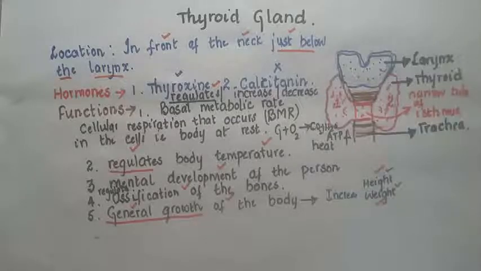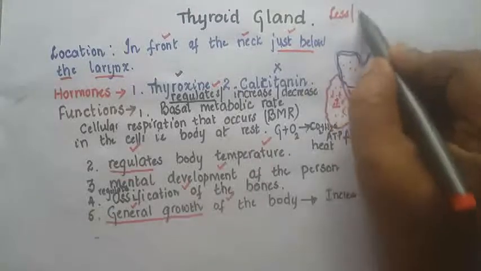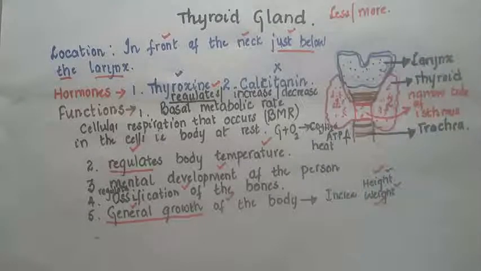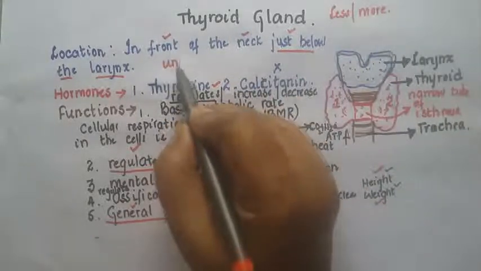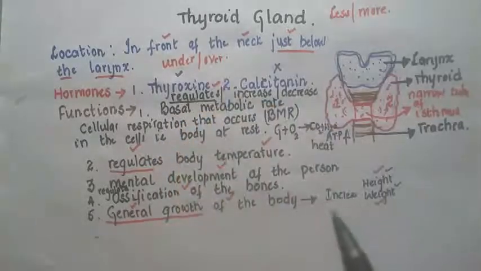Children, now let us learn about certain disorders associated with the thyroid gland when it is secreted either in lesser quantity or in more quantity. So let us study the consequences related to the under secretion or over secretion of thyroxine.